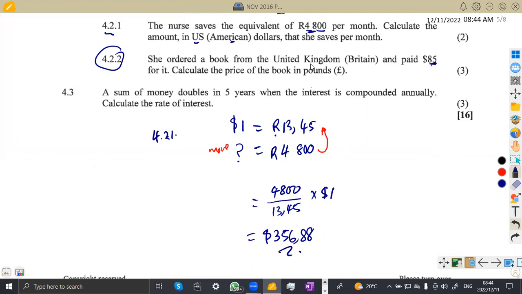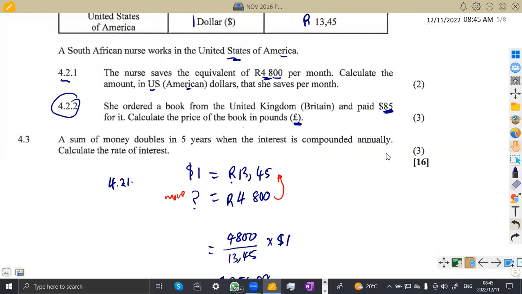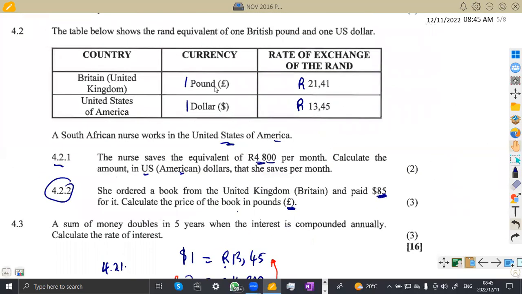Okay, so take note, in the United Kingdom, they are using pounds there, but she used a dollar. Calculate the price of the book in pounds. All right, so what are we going to do, guys? We are actually going to work with the different conversions that we can use. We are given that here she's dealing with a dollar, whilst here she is supposed to be working with the pounds.